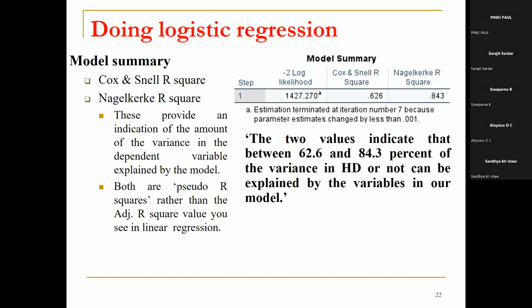The two values indicate that between 60.6 and 83.4% of the variance in the dependent variable can be explained by our independent variables which are in our model. So these are similar to the R square value of the linear regression.